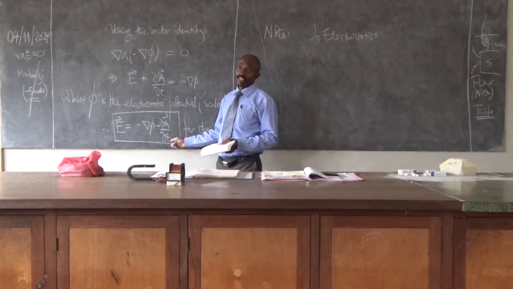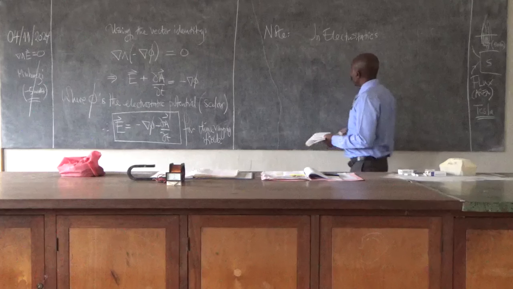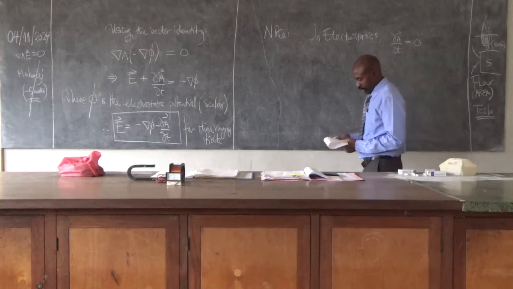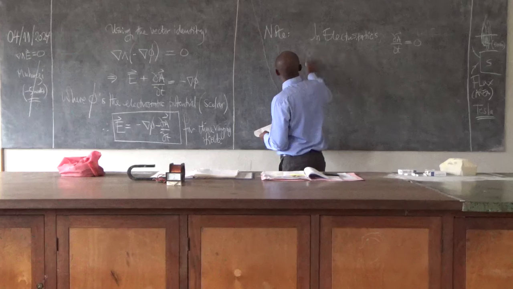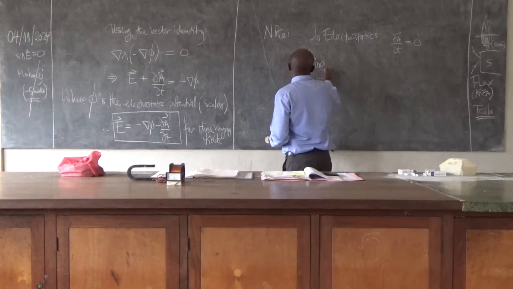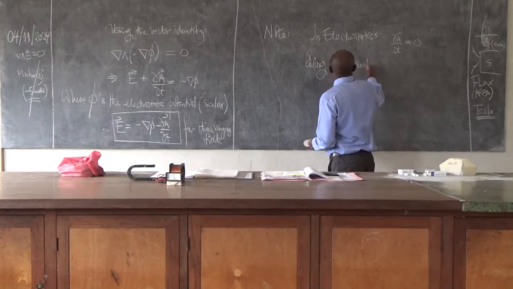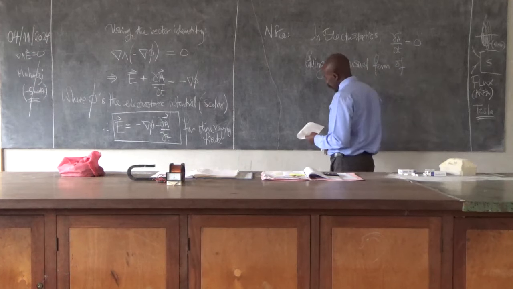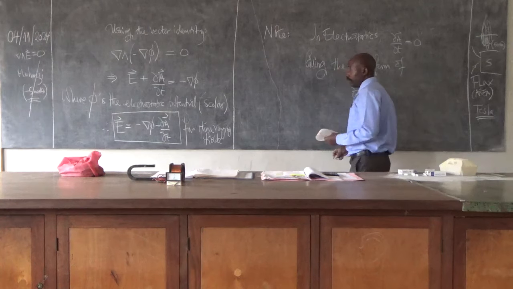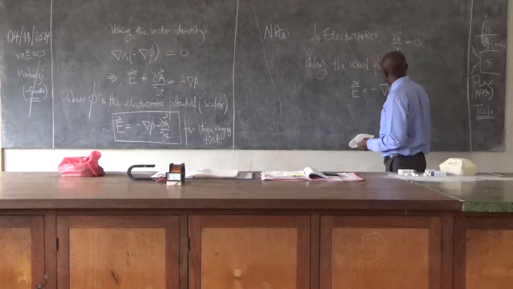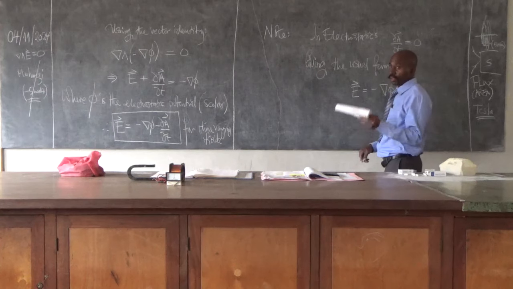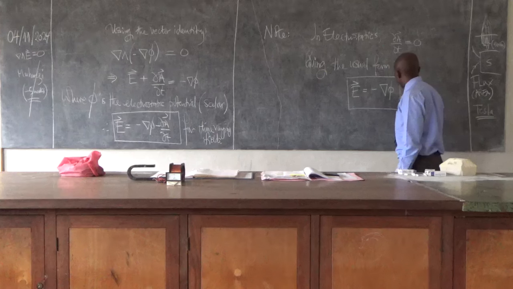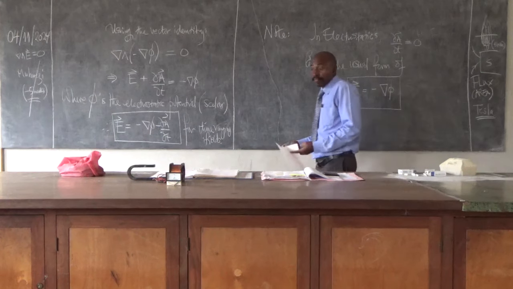Anything with ∂/∂t, if it is static, that means ∂A/∂t equals 0, giving the usual form of electrostatic field, so the electric field intensity being equal to minus grad V. At this point we are using this phi for the scalar potential in electrostatics, but we are choosing to use this at this point in time. So they are the same.